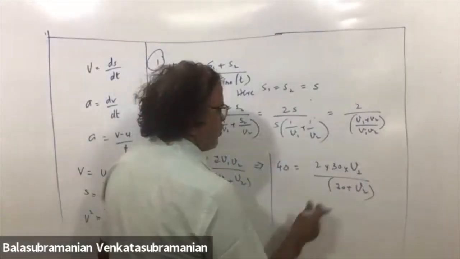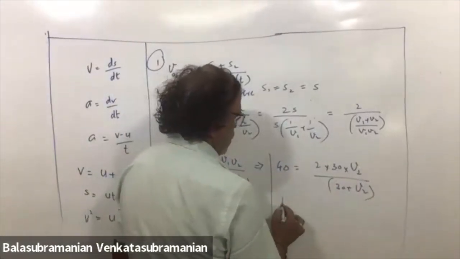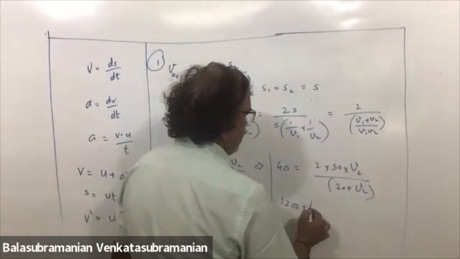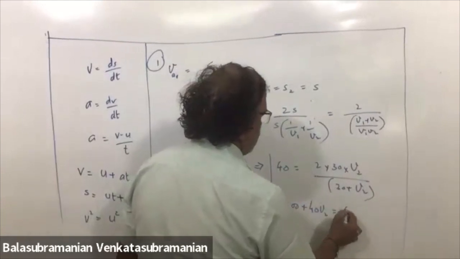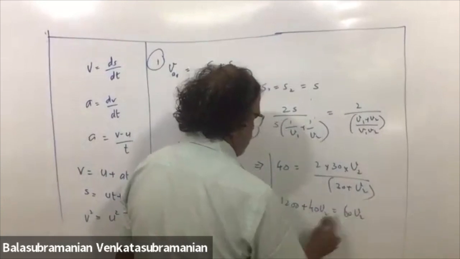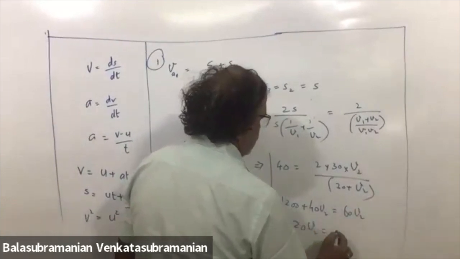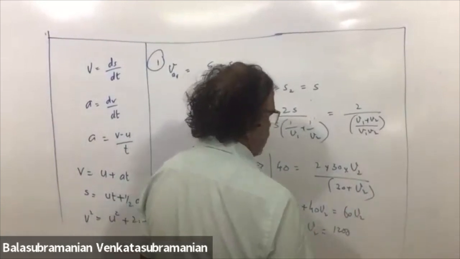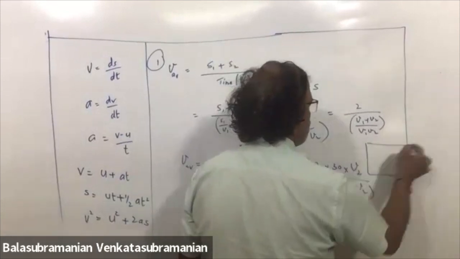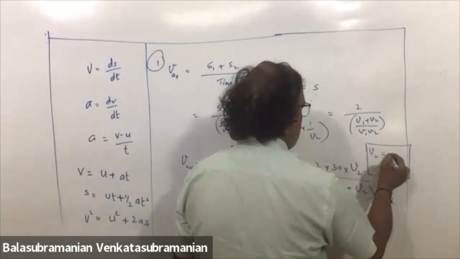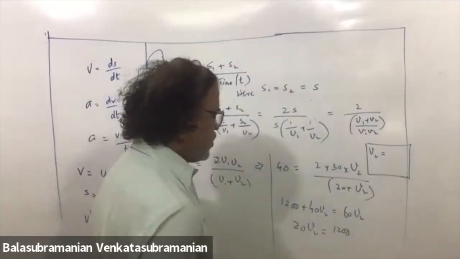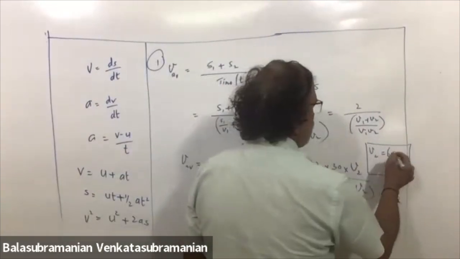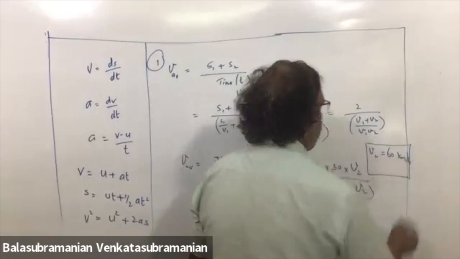Cross multiply. 1200 plus 40 V2 is equal to 60 V2. 20 V2 is equal to 1200. 0 cancels. V2 is equal to 60 kilometers per hour.